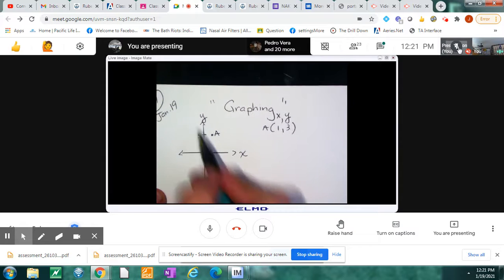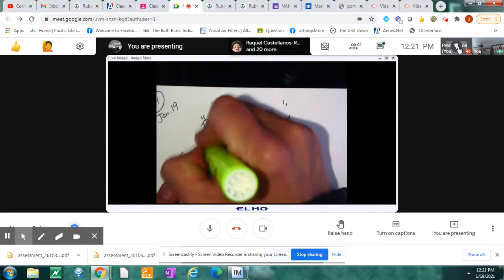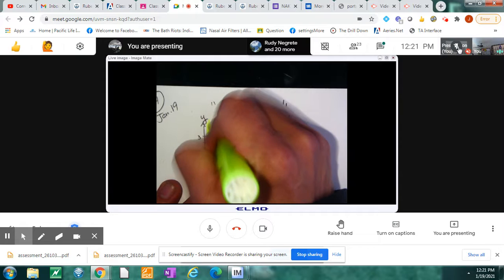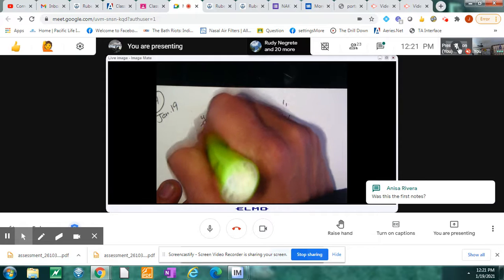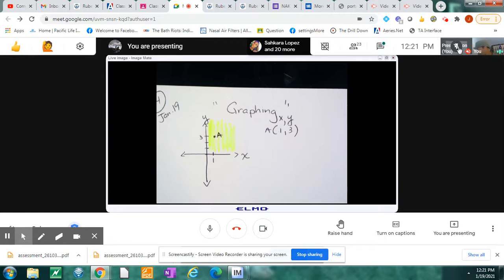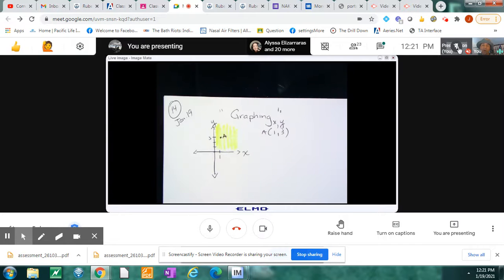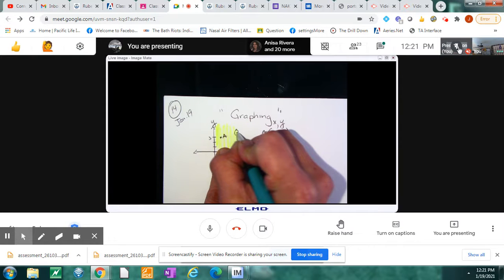That's what's called your quadrant 1. Anything that's away from the line in this area is your quadrant 1, which we know as Q1.